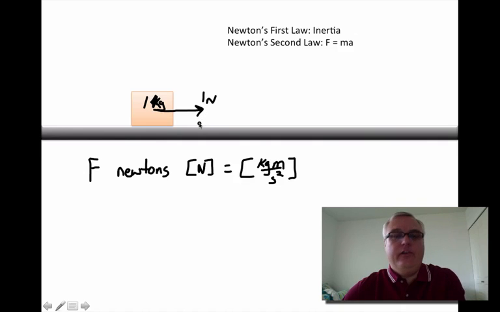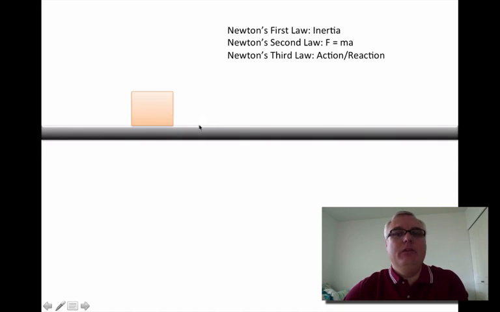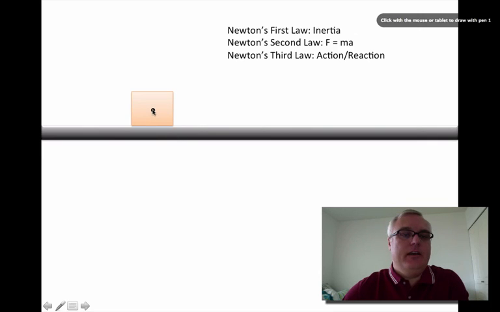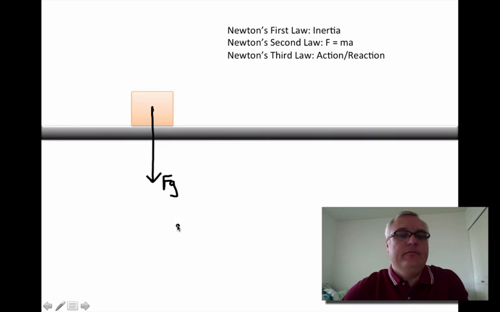And then Newton's third law is that for every action there has to be an equal and opposite reaction. So right now this block is exerting a force downwards due to the force of gravity, right? Fg. And the force of gravity is going to be equal to the mass of the block times the acceleration due to gravity. g is 9.80 meters per second squared.